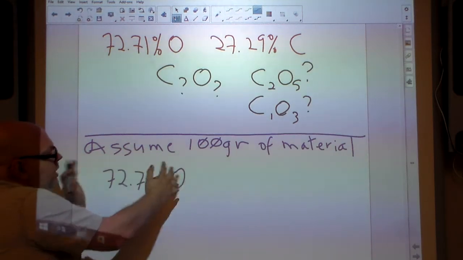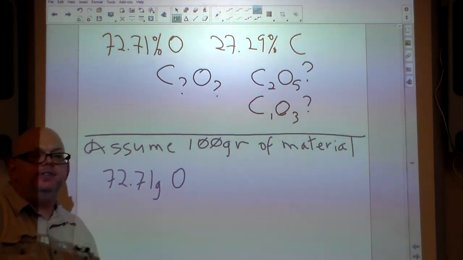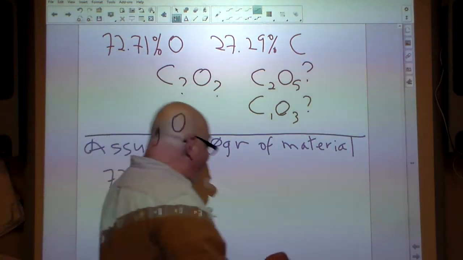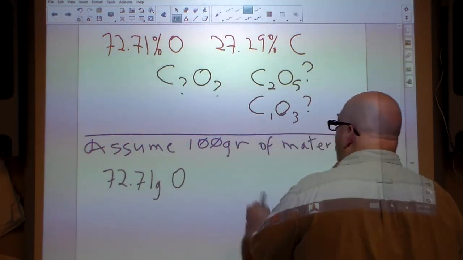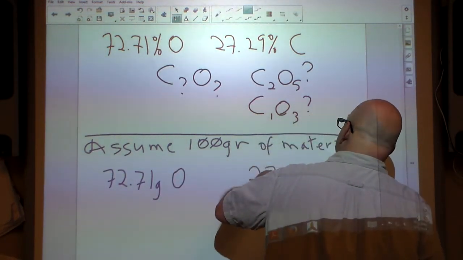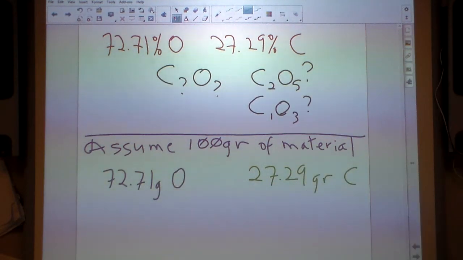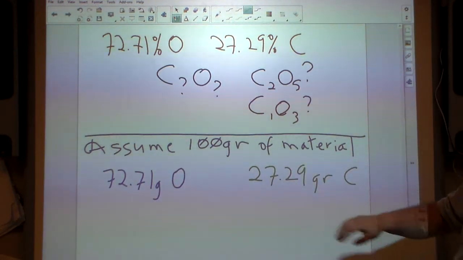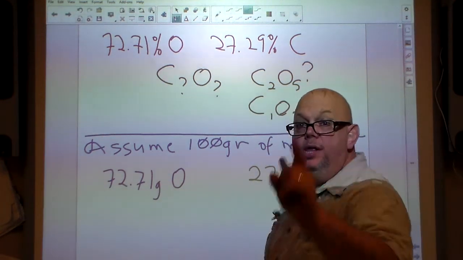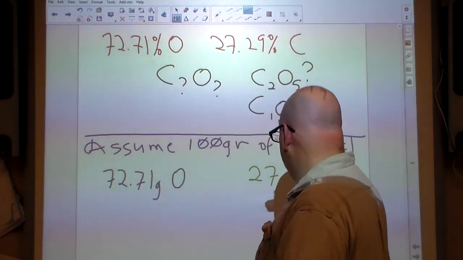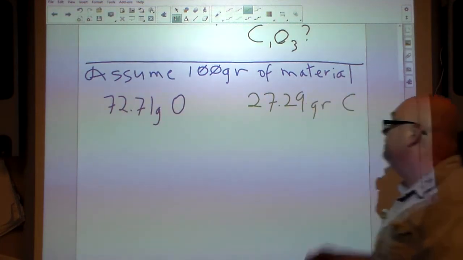We know that the total amount of oxygen in there is 72.71. And we also have 27.29 grams of carbon. Because if we add those up, it will equal 100 grams, which is kind of cool. That works out very well for us.